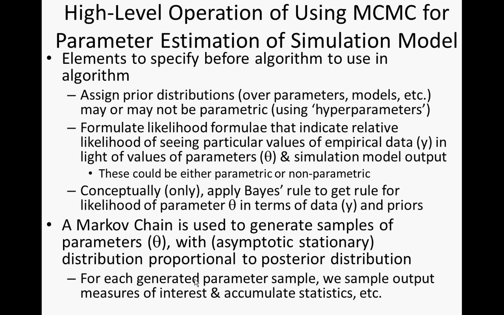So suppose that we have some values of parameters that have yielded corresponding output from the simulation model. We need to specify likelihood functions, formulae that will determine, for given parameter values and corresponding simulation model output, what's the relative likelihood that could yield some observed empirical data.